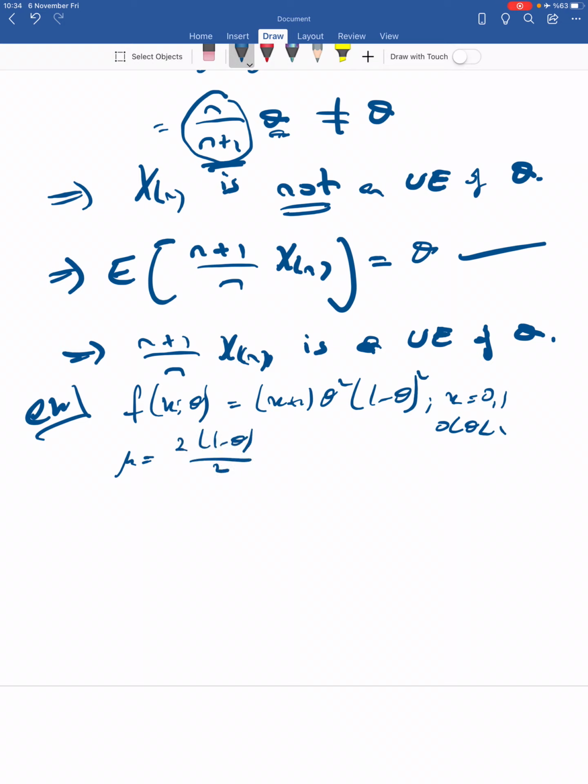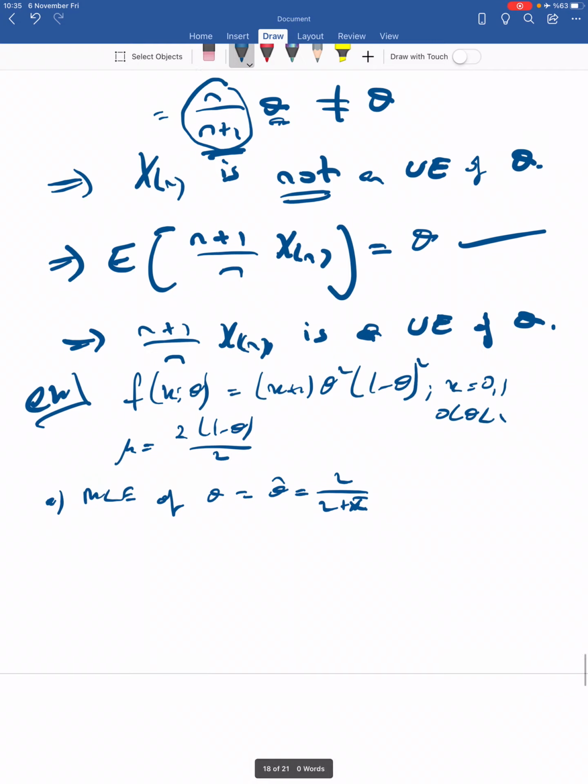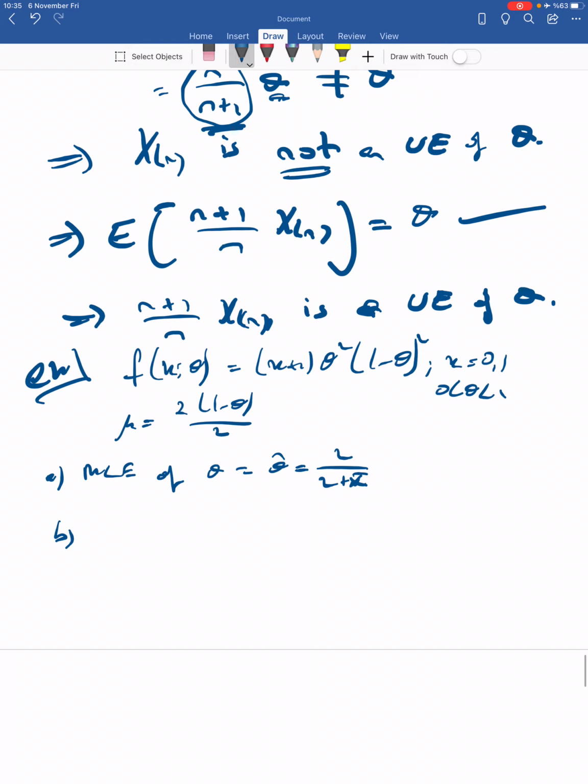Here we calculate the MLE of theta as, if you remember, looking at the notes before, we obtained it as 2 over 2 plus x bar, or you can easily get that. And then B, the MLE of mu. What is mu? 2 times (1 minus theta) over theta.